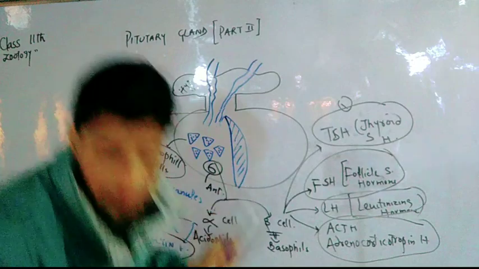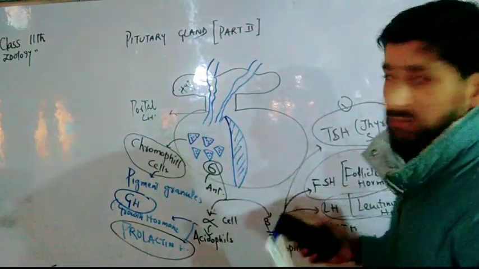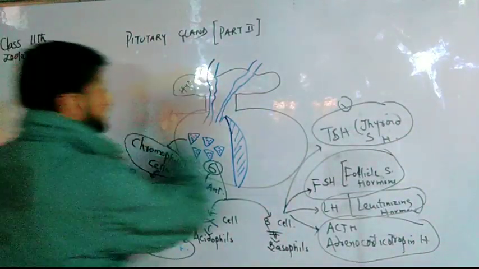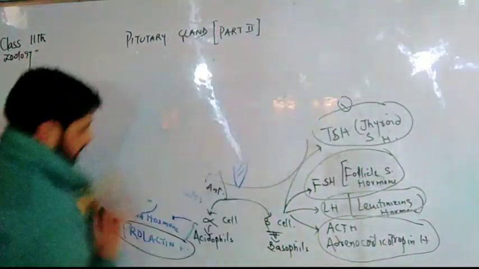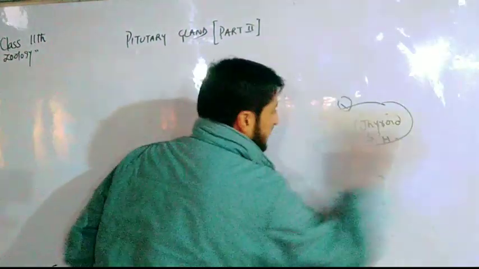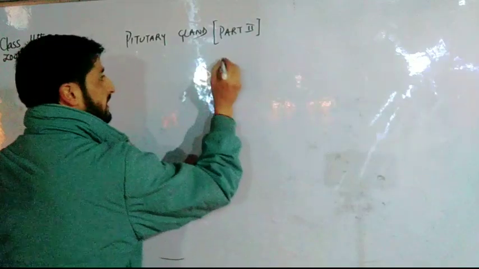Hope you got it. If you are not aware of this, repeatedly watch it, you will get the concepts in a crystal clear manner. Now, second point. We are actually dealing with anterior lobe of pituitary gland. So, right now, let me again draw here.